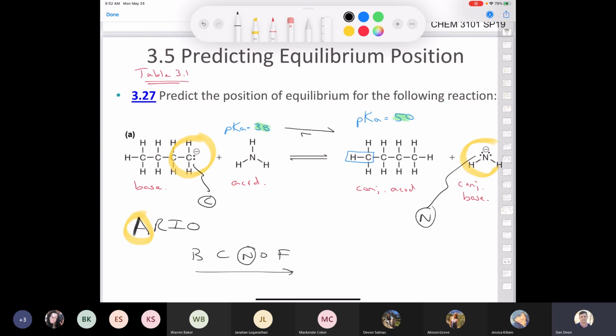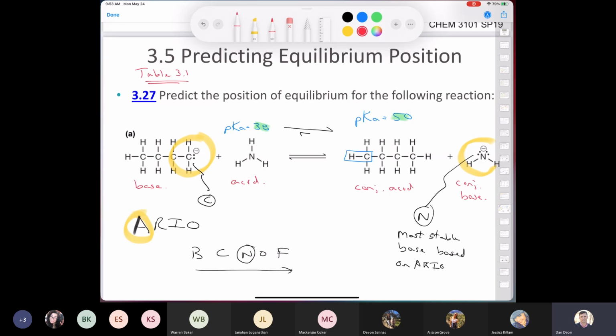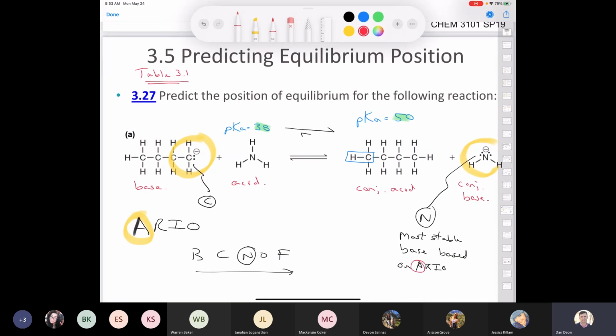Nitrogen is more electronegative, and so the base with the negative charge on the nitrogen, I should say, would be more stable, right? Most stable base based on ARIO. And of course, all we had to do was look at the type of atom, and we were able to solve the problem. So there you go, two different ways of solving the exact same problem.